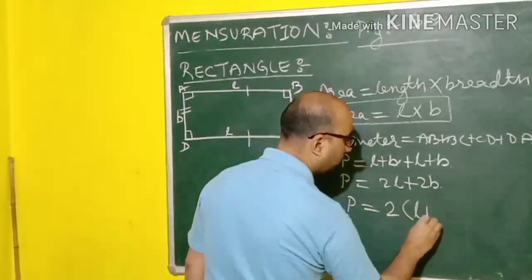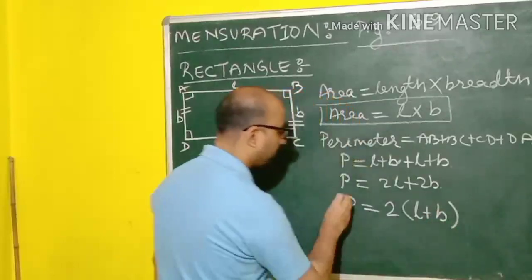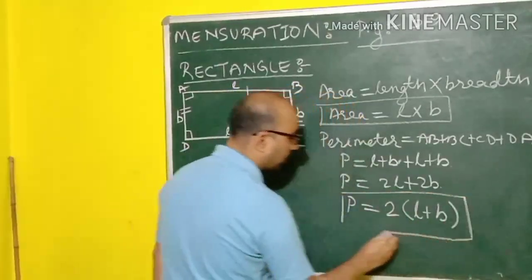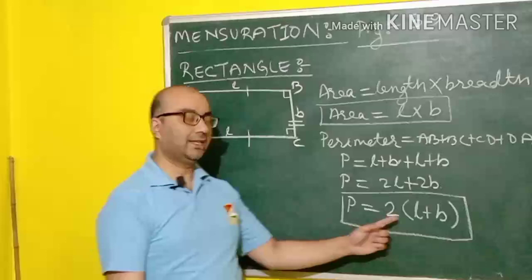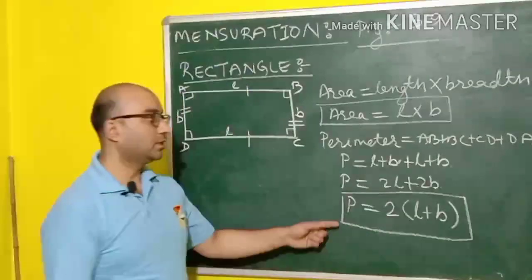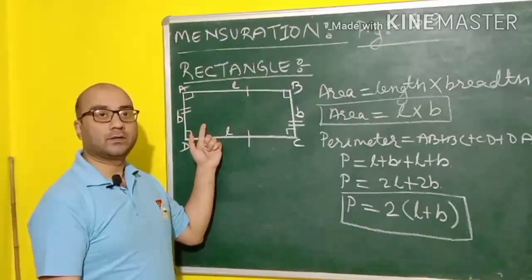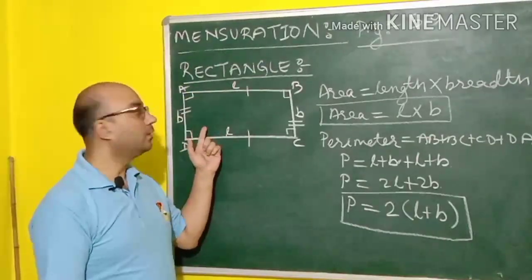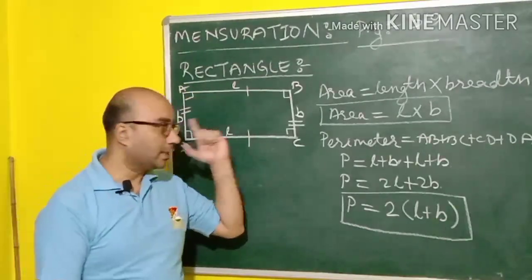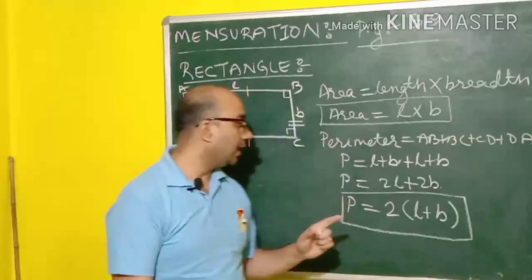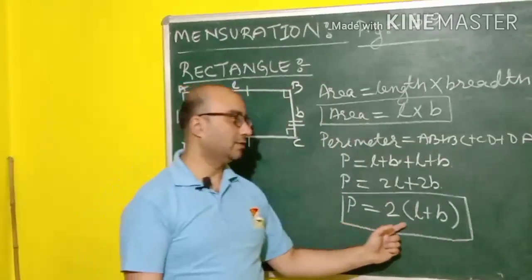What will be left over? Length plus breadth. So the perimeter of a rectangle is given as 2 times (length plus breadth). So these are the 2 formulas you need to remember for mensuration of a rectangle: area is given by length into breadth, and perimeter is given by twice length plus breadth.